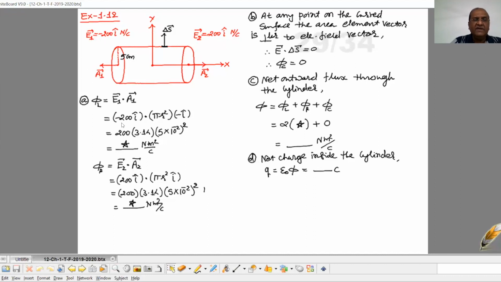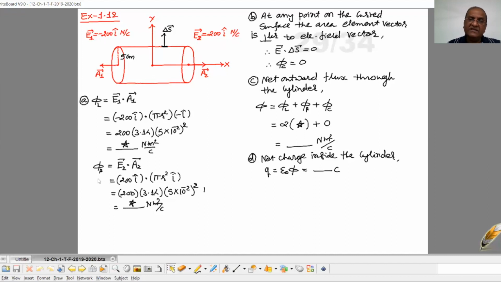E1 is minus 200 i caret, and for this flat surface the area is pi r square in the negative direction, so minus i caret. So 200, 3.14, r is 5 centimeter given to you, so that is 5 into 10 raised to minus 2 whole square. Solve this one, you will get the flux passing through the left side flat face.